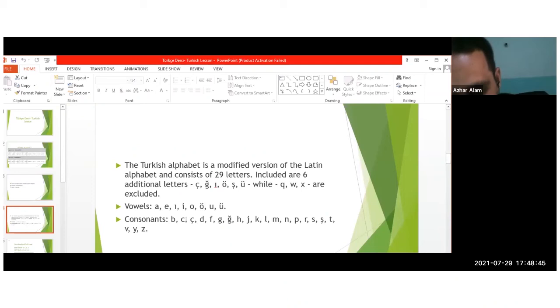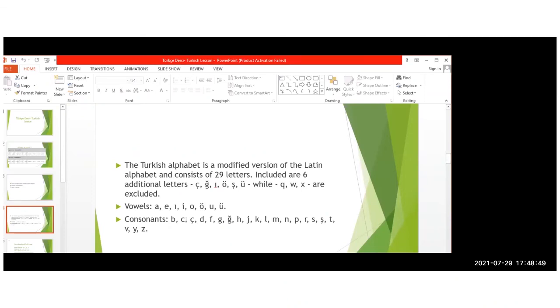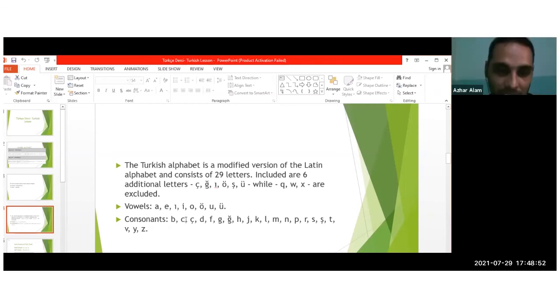We have 8 vowels. We classified the vowels in 2 categories. One is soft and one is hard. So here all the vowels are together. If I say which ones are hard vowels, if you can point out.